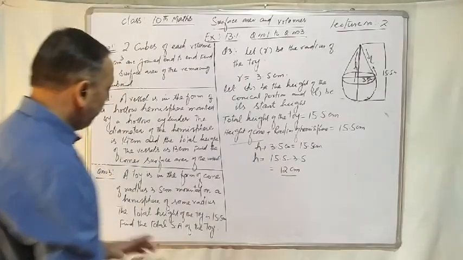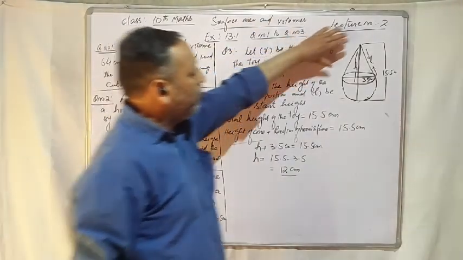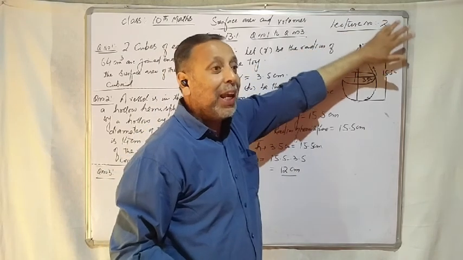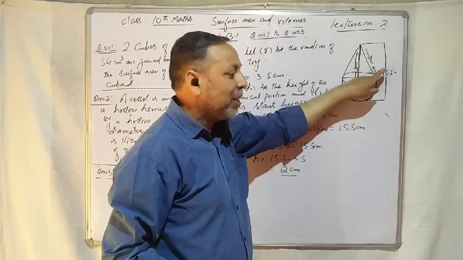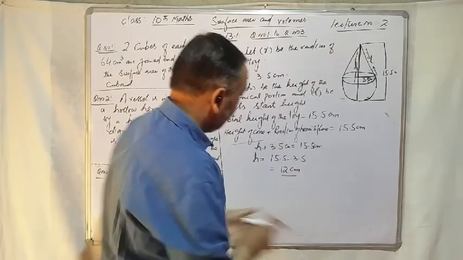Now since we have to find the surface area, and surface area of the cone is pi r l, where L is the slant height. That means here we have to first find the slant height of the cone.